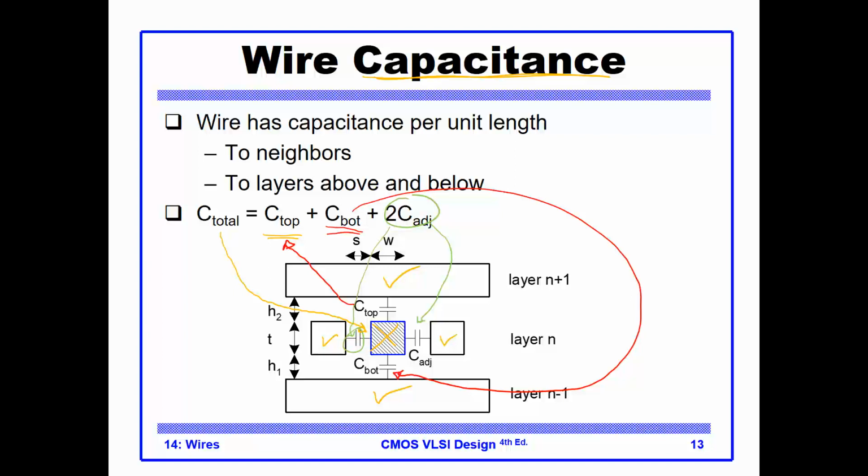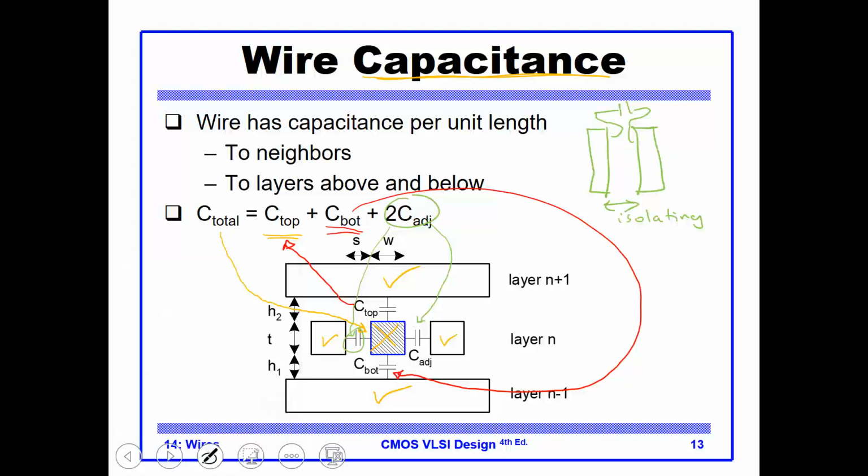Well, this is interesting. Why so many capacitances? Well, the answer is in physics. Physics says that if you have metal adjacent to a metal and between the two of them there is an isolating material, you just created a capacitor. That's from physics.